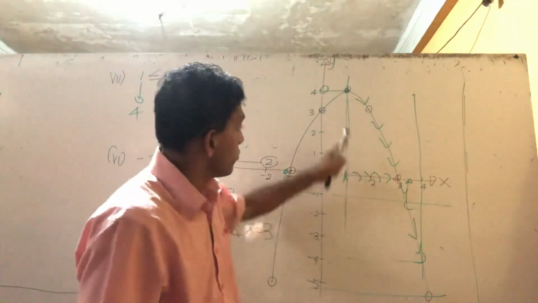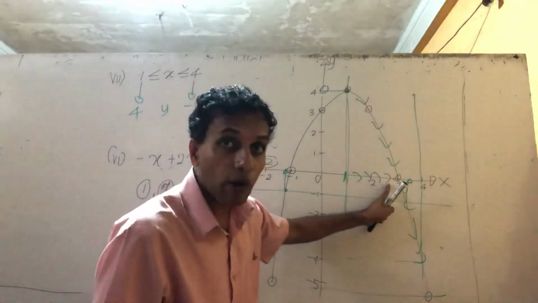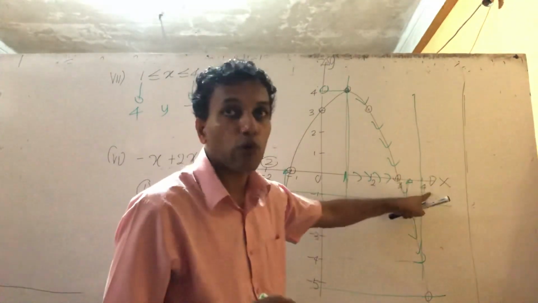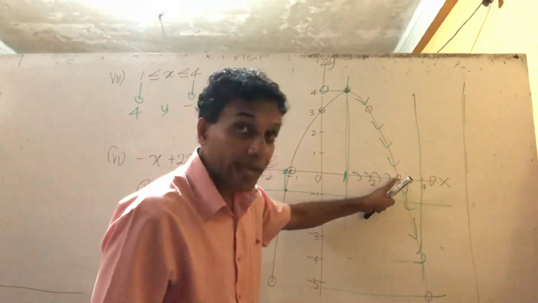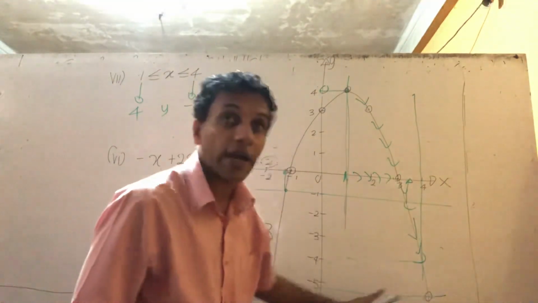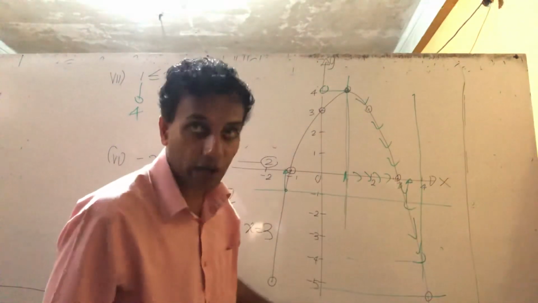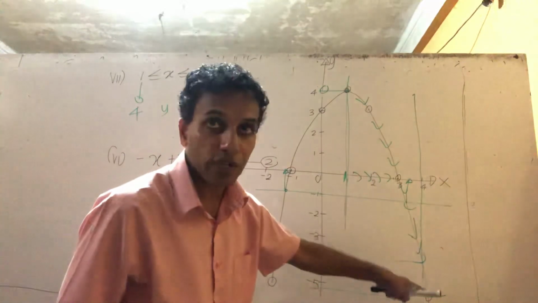And when x increases from 3 to 4, y negatively decreases up to minus 5. Y negatively decreases up to minus 5.